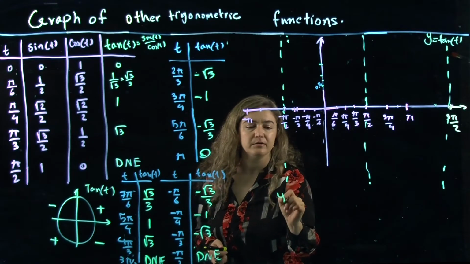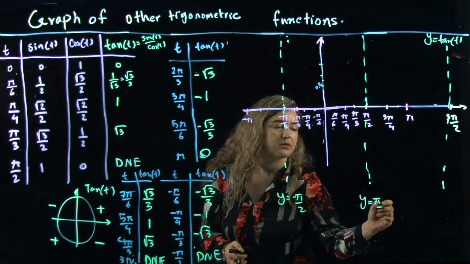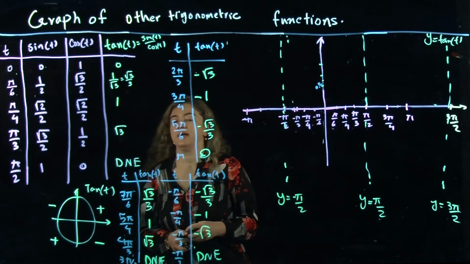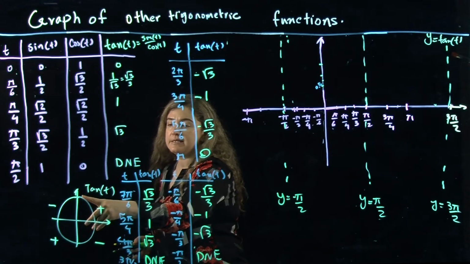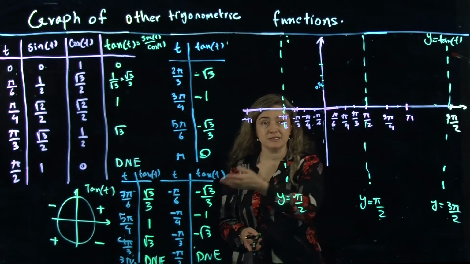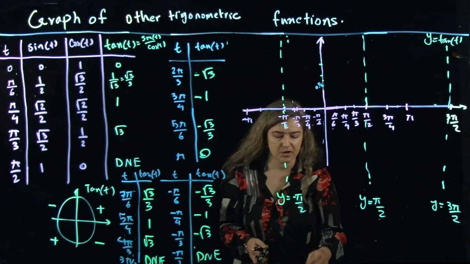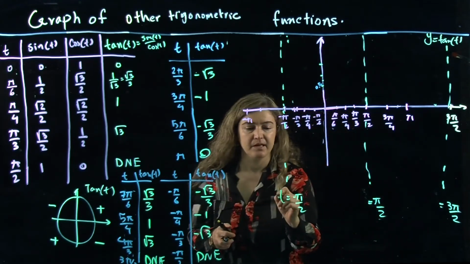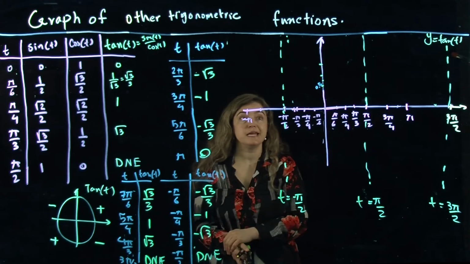So this one is t equal to negative pi half, t equal to pi half. I can find all these equivalent places, all those t's where tangent doesn't exist.